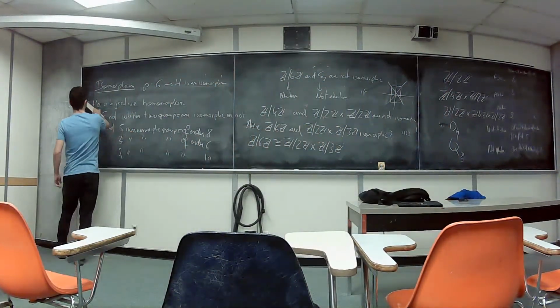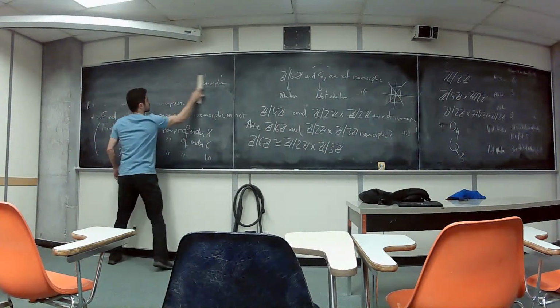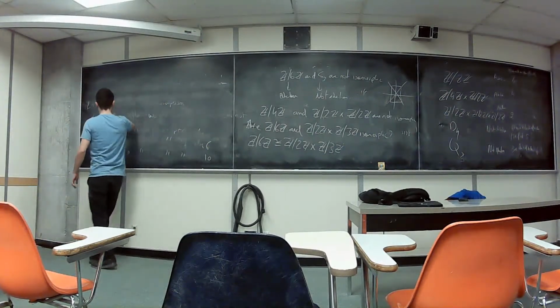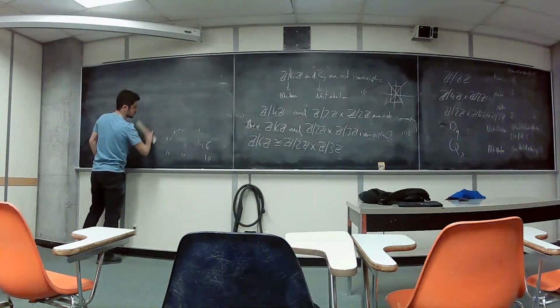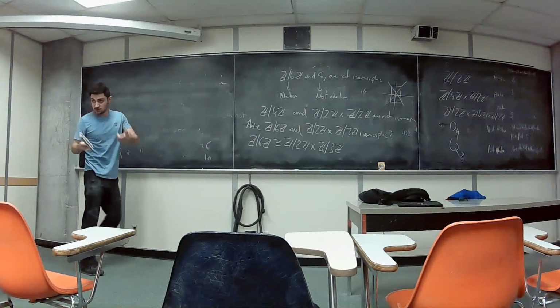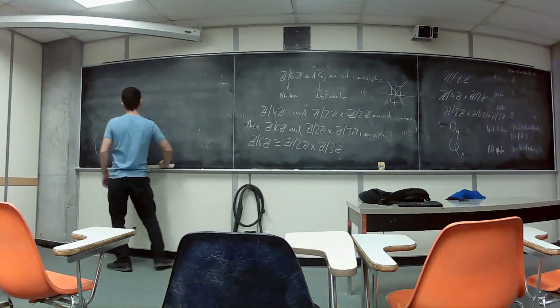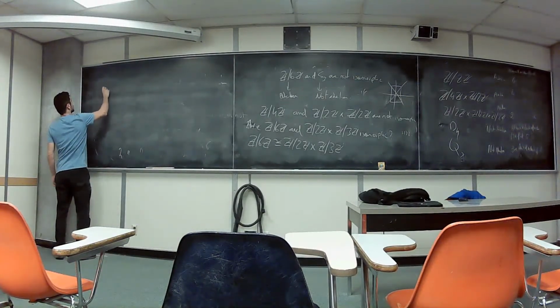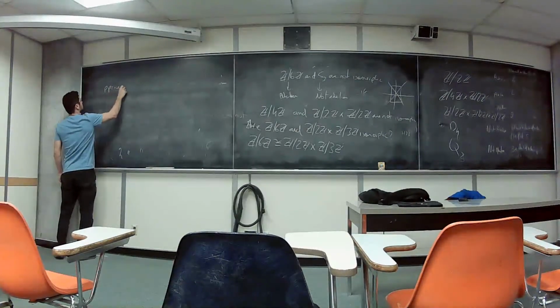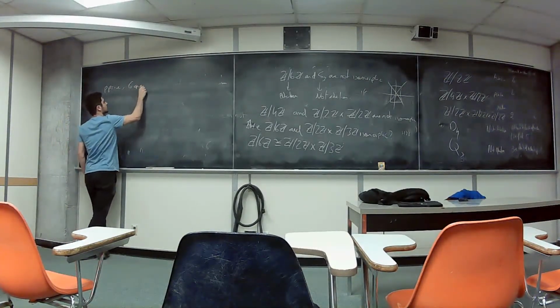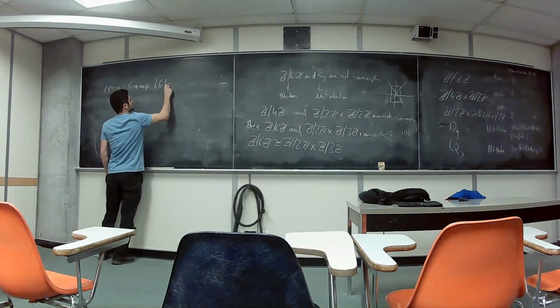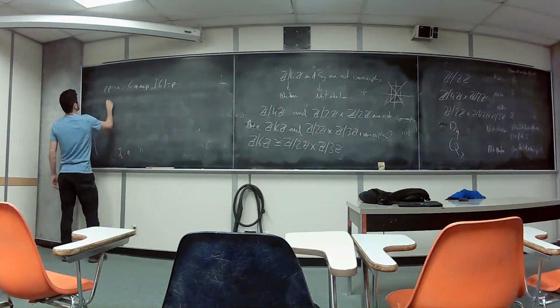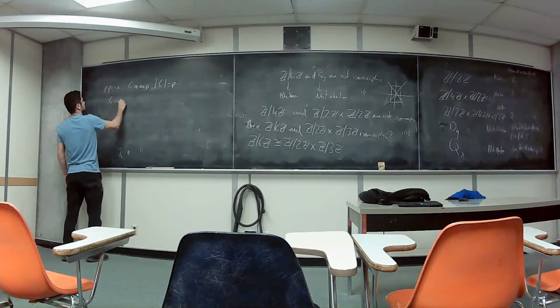Let p be a prime, G a group, and G has size p. Then G is cyclic.